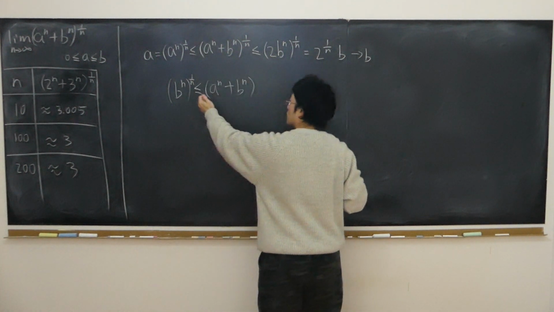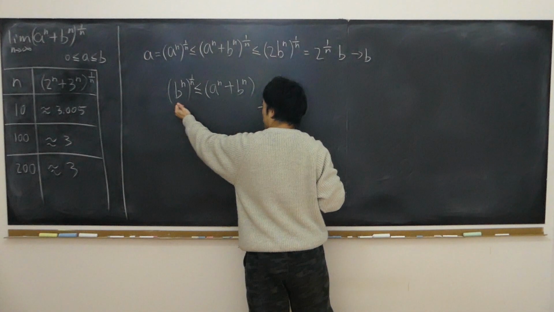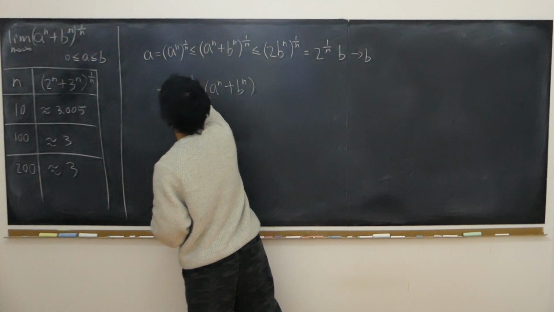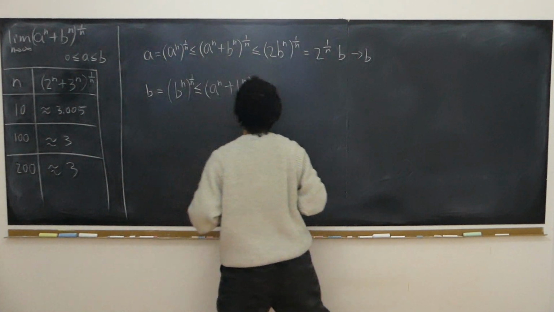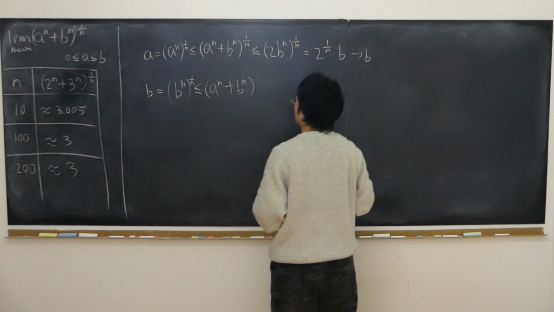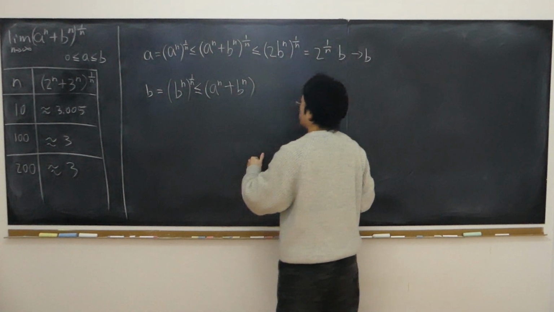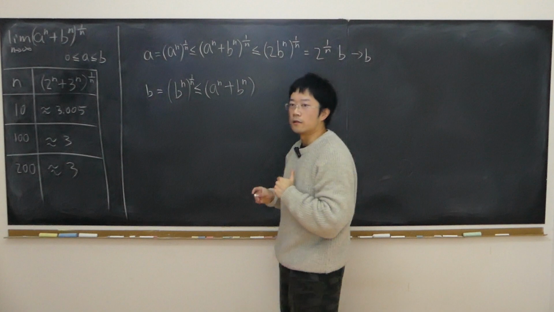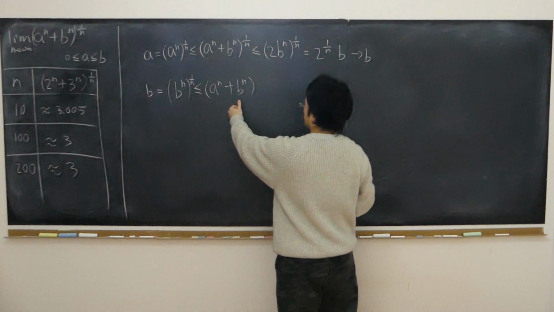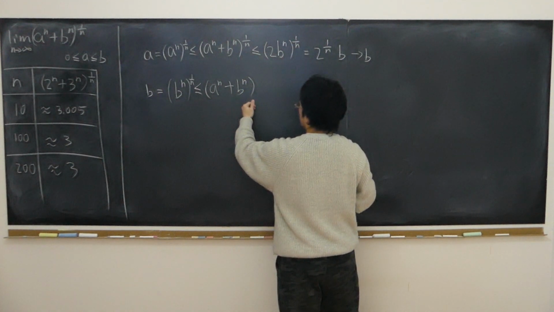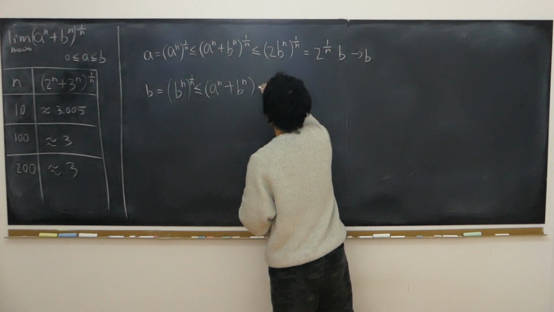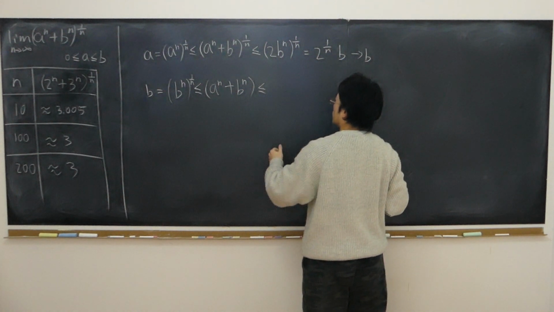Also made smaller, right? That is equal to b. And very often there is no guarantee that we succeed the first try, so it's okay. We just give it multiple tries, right? So this is smaller than or equal to.